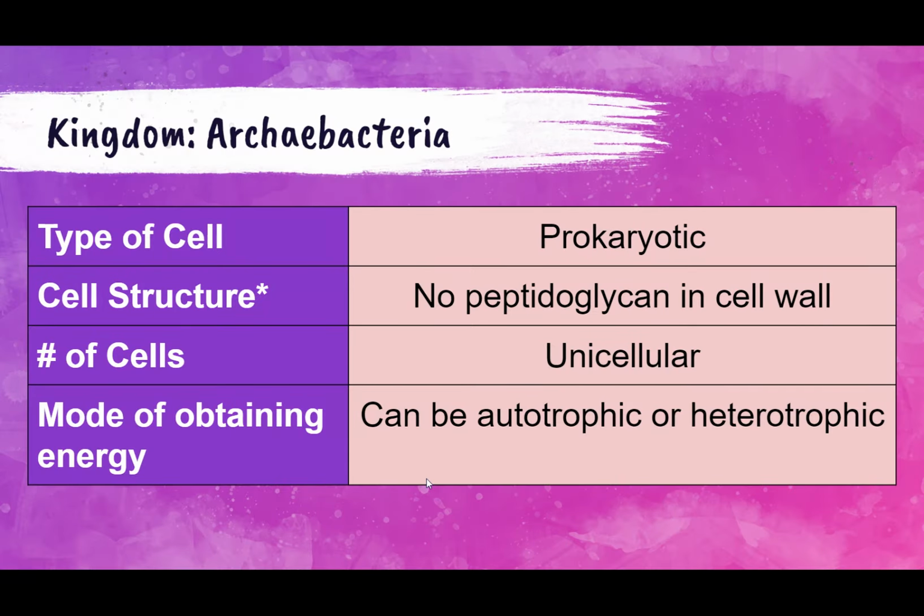We can contrast this slightly with archaebacteria. Remember that these groups are pretty closely related in terms of what they look like and how they obtain energy, but it's really those molecular differences, the protein structures and carbohydrate structures down at the very, very cellular level, that are going to differentiate between the two. So we notice similarity, still prokaryotic cells, but now different cell structure.